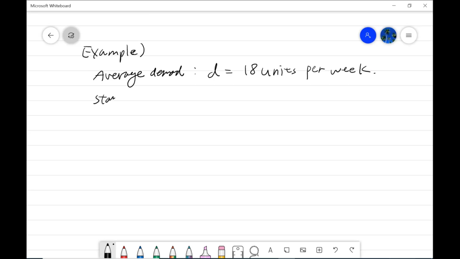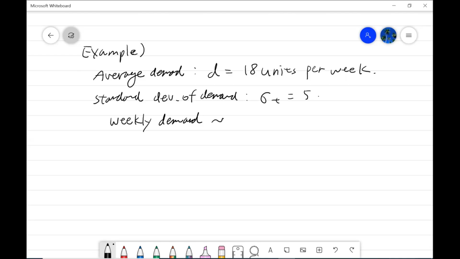And the standard deviation of demand, sigma t, is 5. So basically the weekly demand is an unknown variable, just a random variable, following the normal distribution with the mean of 18 and the variance of 5 squared, 25, okay?